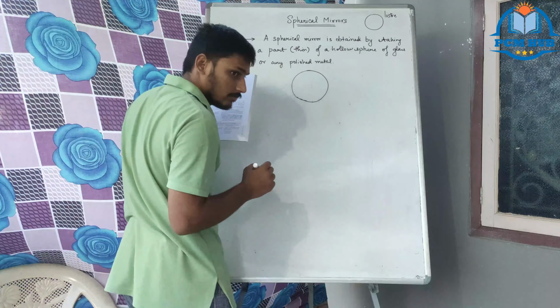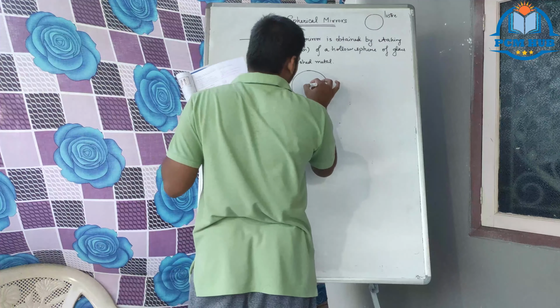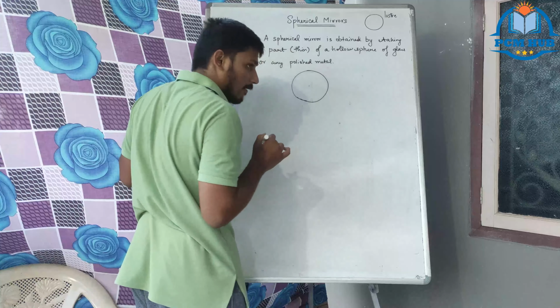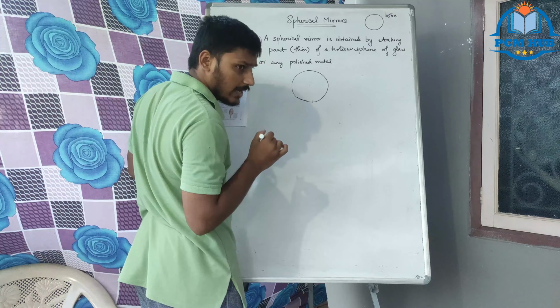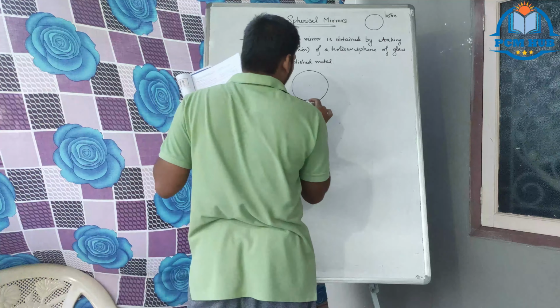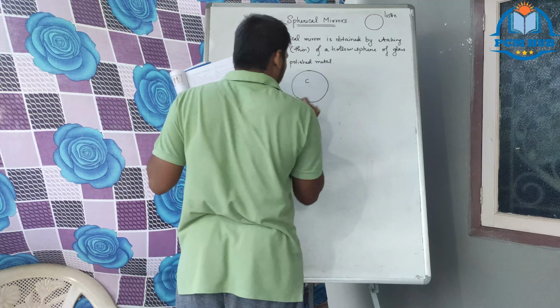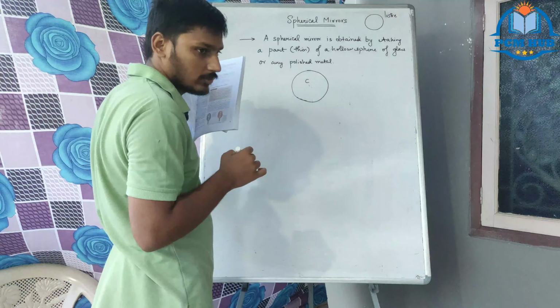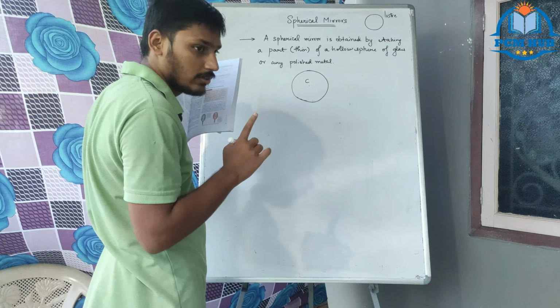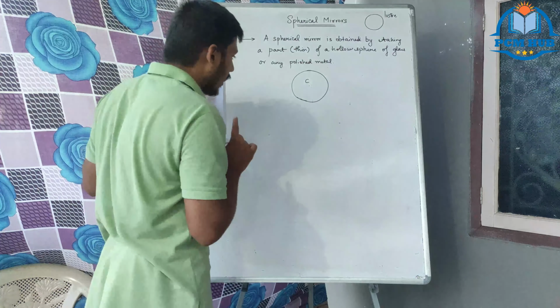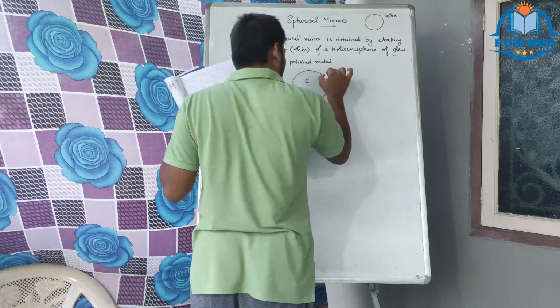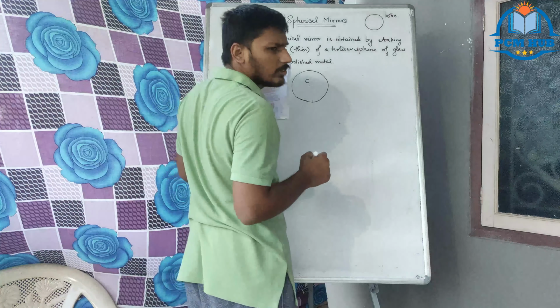This is a sphere. Every sphere will have its center, as Earth is a sphere and has a core. So this center point is our center of curvature, because this is the curvature. Curvature means what?